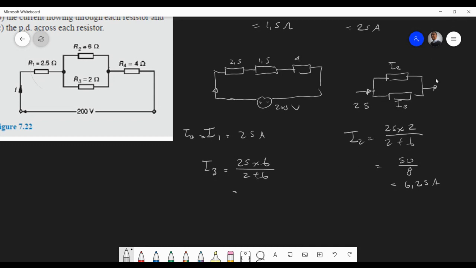So I2, we want I2, yeah, the one we don't want is I3. Yeah, okay, that looks good. What did you guys get? 18.75 amps. And of course, if you add this together, you should get 25 amps. So that's how you know you're correct. 6.25 plus 18.75 should give you 25.